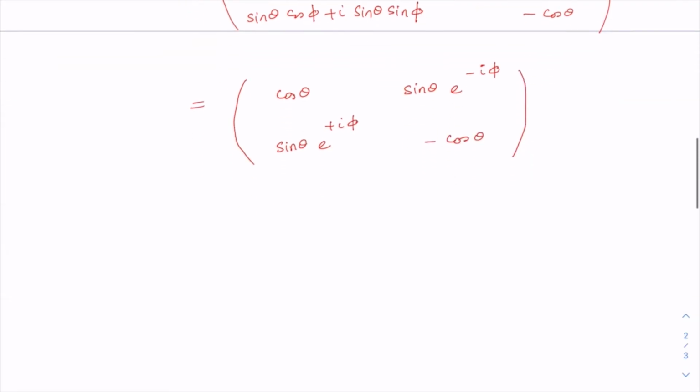Now you can immediately write down the eigenvalues of this Pauli matrix, and if you have followed lecture 2, you know how to calculate the eigenvalues. It would be simply plus minus the square root of cos square theta plus the modulus squared of this element, which is sine square theta, and therefore you will have plus minus 1.